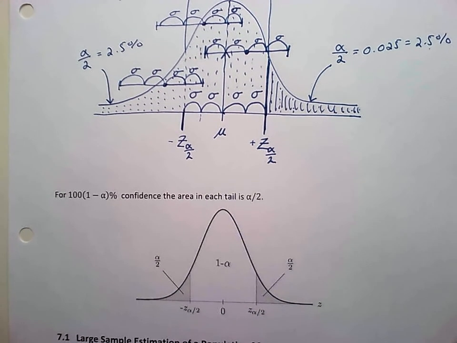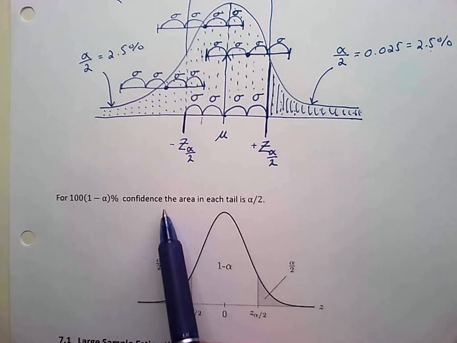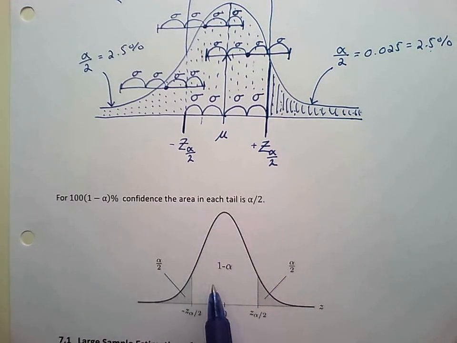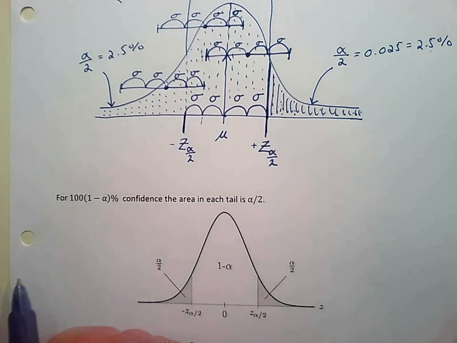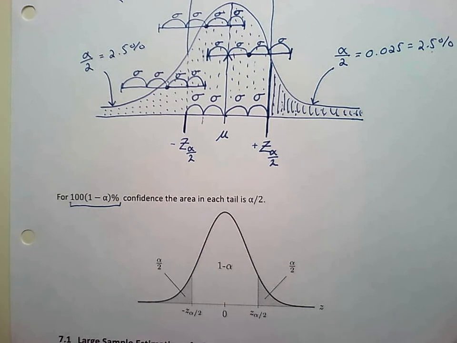Alright. So now we have, again, a really similar picture to what we just created above, where our confidence level is given to us by 1 minus alpha. A notation that you're going to see a lot, especially in your textbook, is 100 times 1 minus alpha percent.